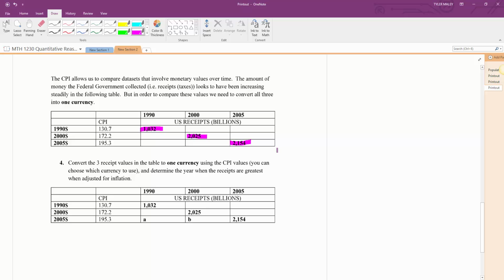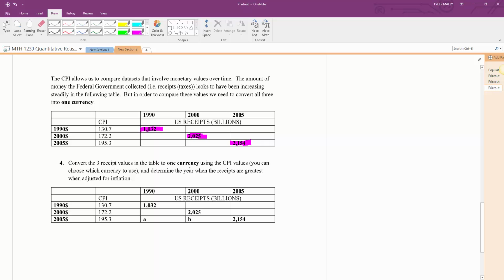But again, this is not a fair, accurate measure. It's not a good indication because it doesn't control for inflation.